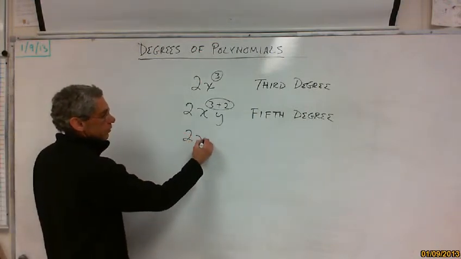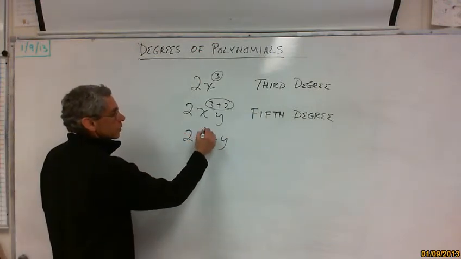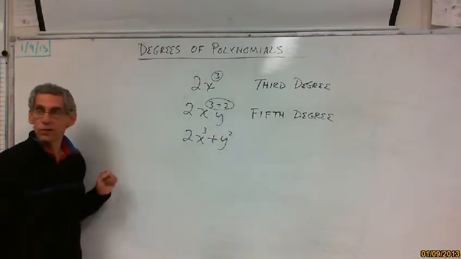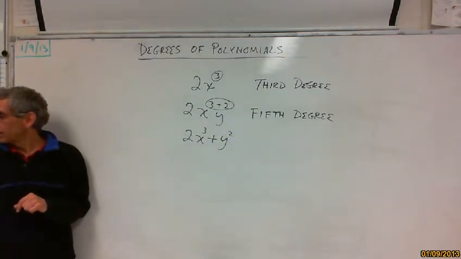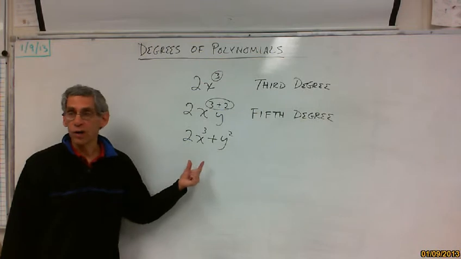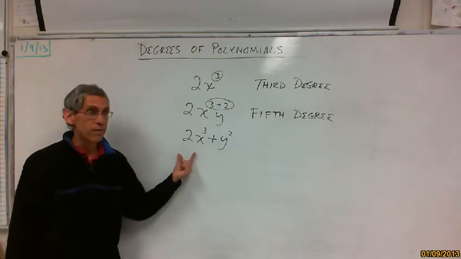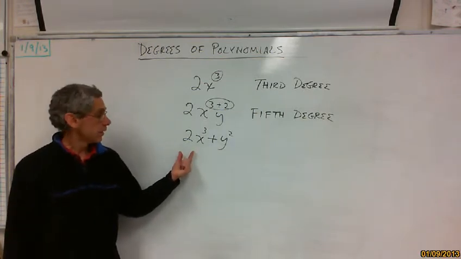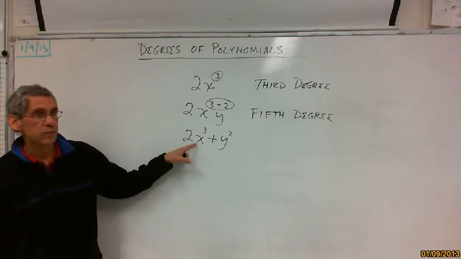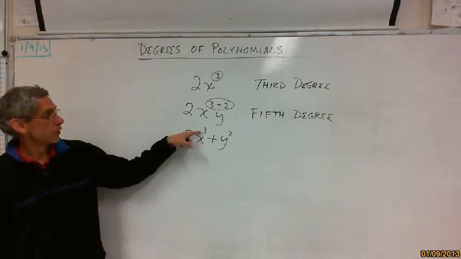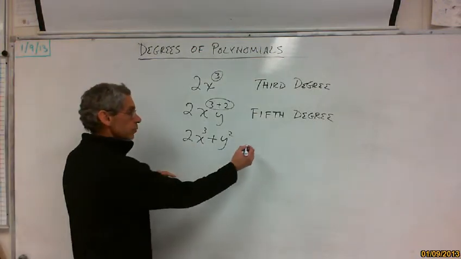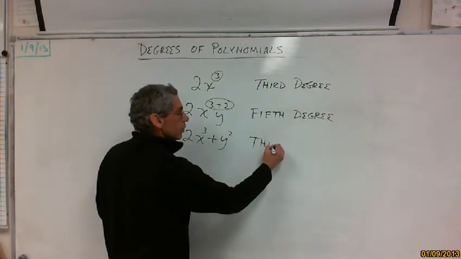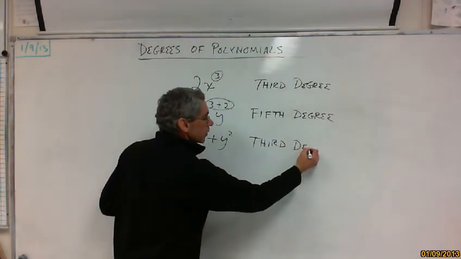If it's this, then what is the degree? That's third degree, because it's the term with the largest number of variables. Here there are 3 x's multiplied together. Am I confusing anybody?